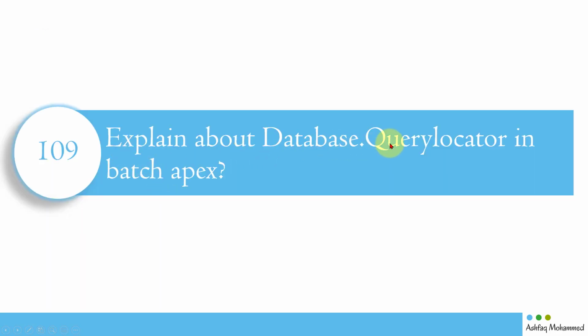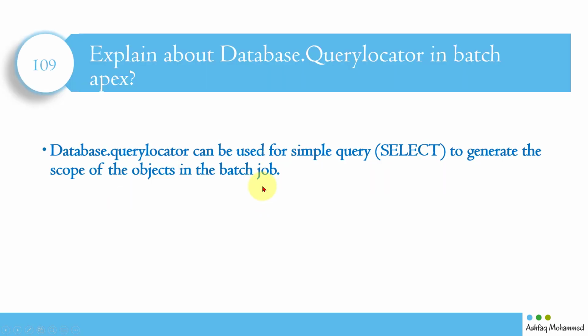Explain Database.QueryLocator in batch Apex. This is the most widely used, when compared to Database.QueryLocator and Iterable. I've seen it in most cases, but you will know when to use what. Database.QueryLocator can be used for a simple query, like a select statement, to generate the scope of the objects in the batch job.